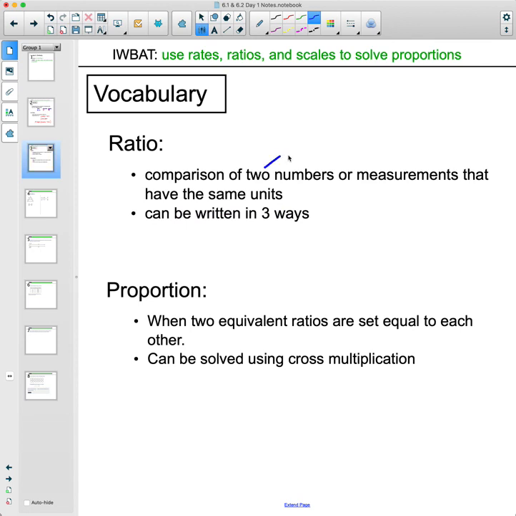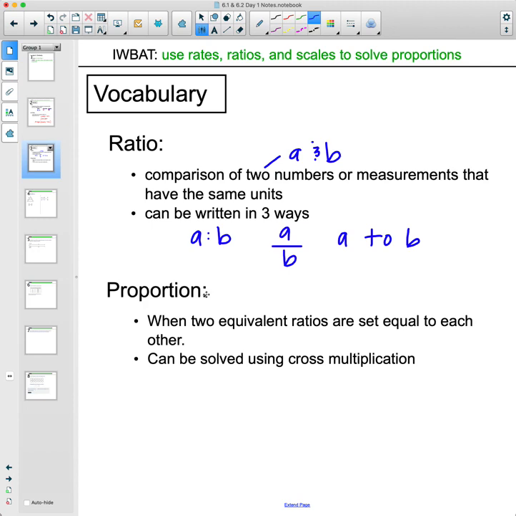Let's call our two quantities that we're comparing A and B. You can write it with a colon, A:B, as a fraction, A over B, or with the word "to" in the middle, A to B. These are the 3 separate ways to write them, and you can exchange between these at any point in time. Ratios really mean division because we've got a fraction.